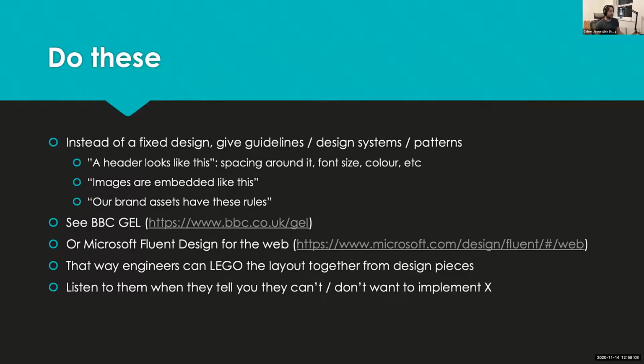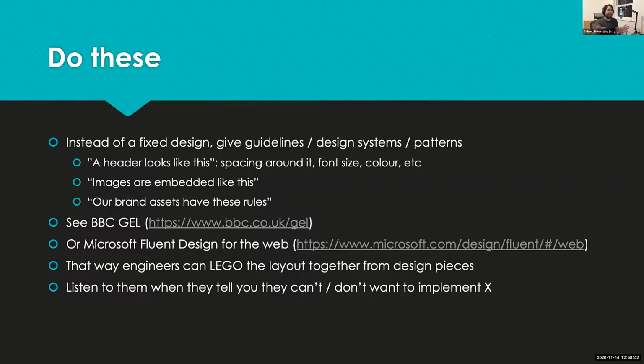Instead of fixed design, just give guidelines or design systems or patterns. Things like a header looks like this, like spacing around it, font size, color, or images are embedded like this, or our brand assets have these rules. Two good examples I have are the BBC's GEL, which is their, I forgot what it's for, but the last L I think is language, or Microsoft Fluent Design system for the web.